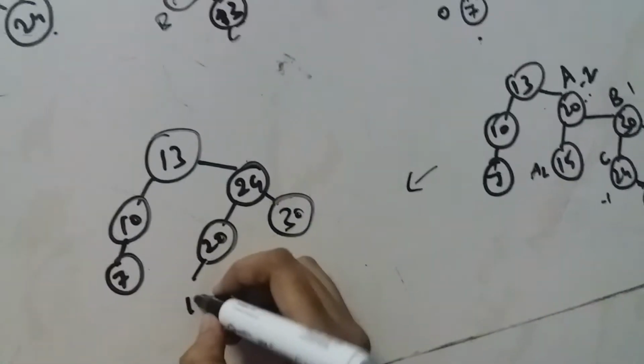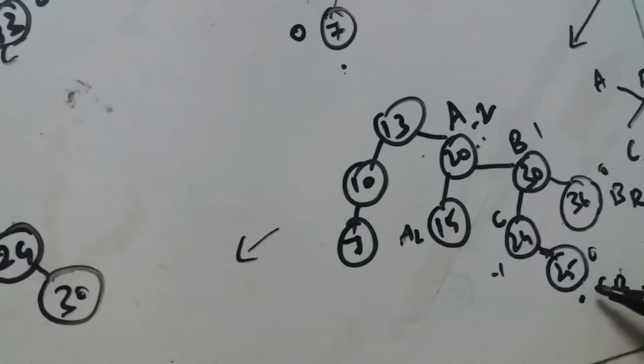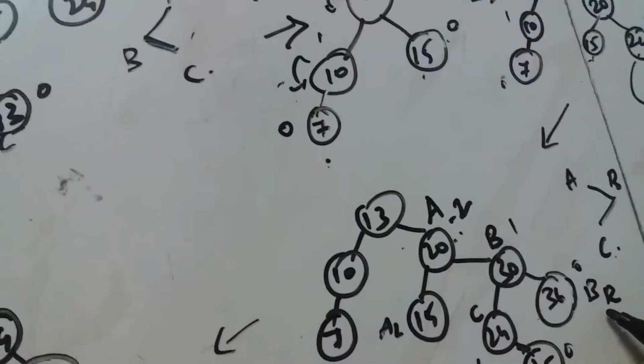Here A left is 15, and here comes C left. There is no C left. Here C right will be 25, and 25 will come here, and here B right is 36.